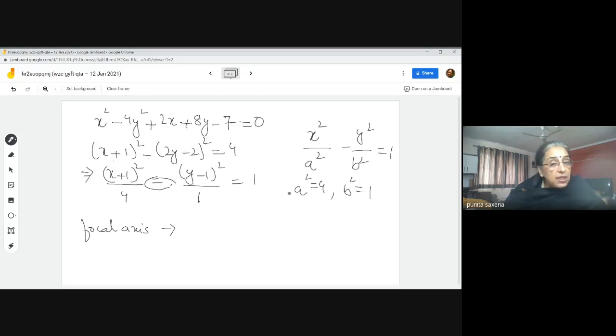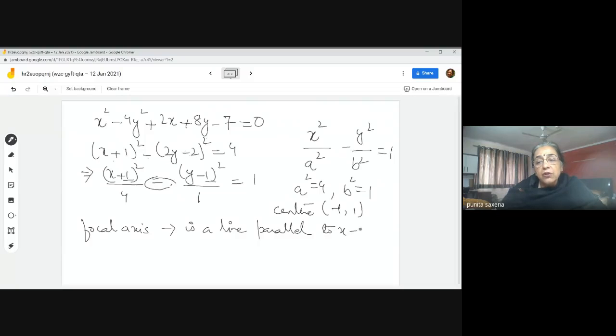Now see, we won't say that the focal axis is the x-axis because our center is not 0, 0. Our center is now again minus 1, 1, like in the earlier case. Okay? So we'll say that the focal axis is a line parallel to the x-axis, not the x-axis.